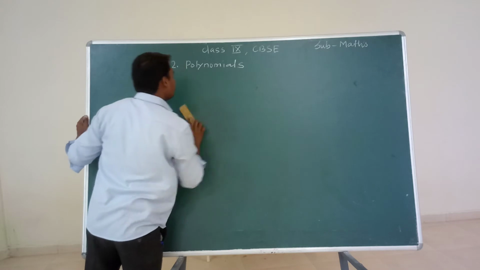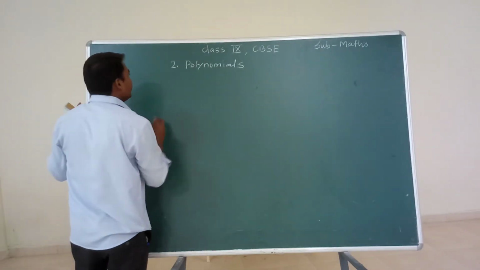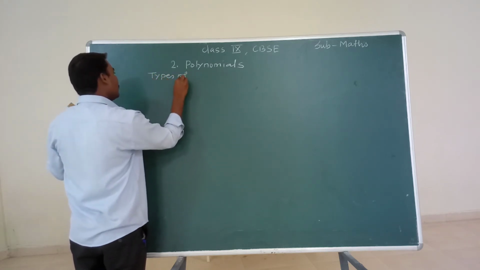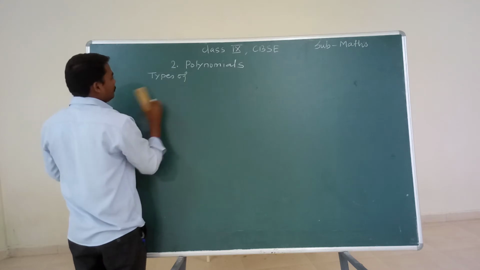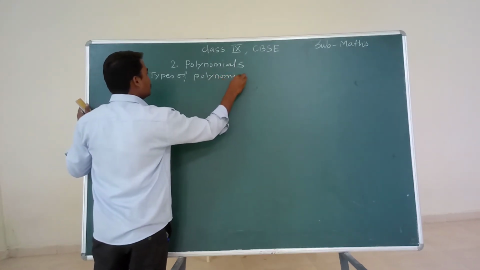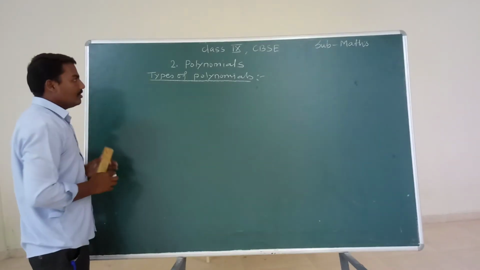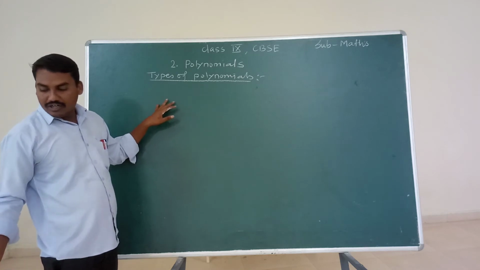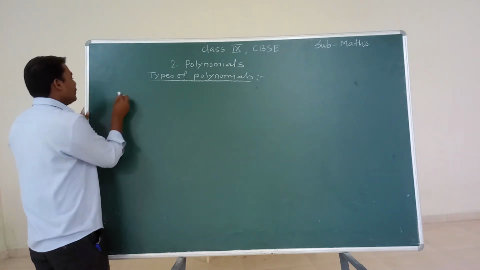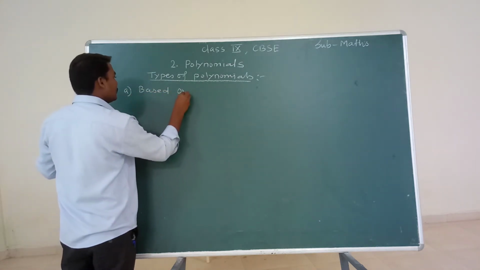Now next, we have to see the types of polynomial. Different types of the polynomial. Okay. Now there are two main types of the polynomial. First, based on terms.